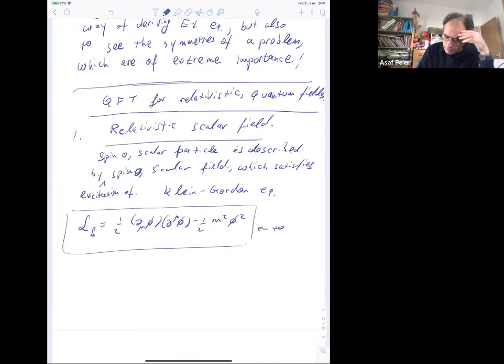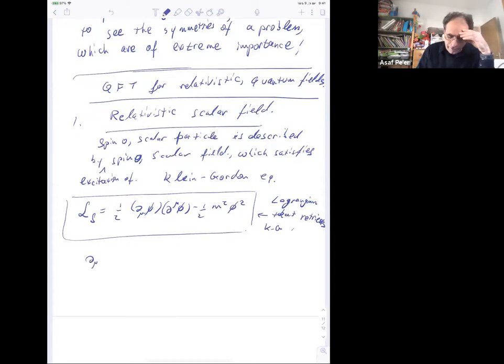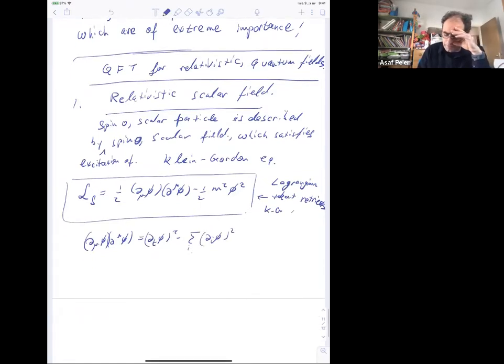This is the Lagrangian that retrieves Klein-Gordon, right? Remember d mu phi d mu phi is just d_t phi squared minus the sum over i of d_i phi squared, where i is 1, 2, 3 in our convention.